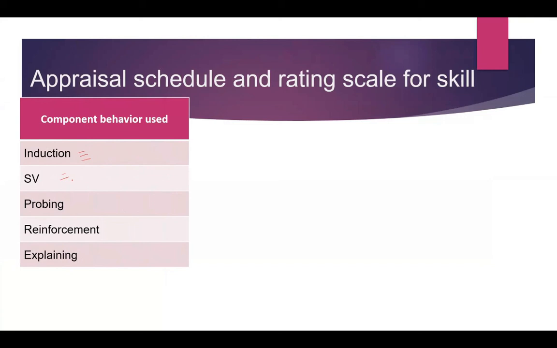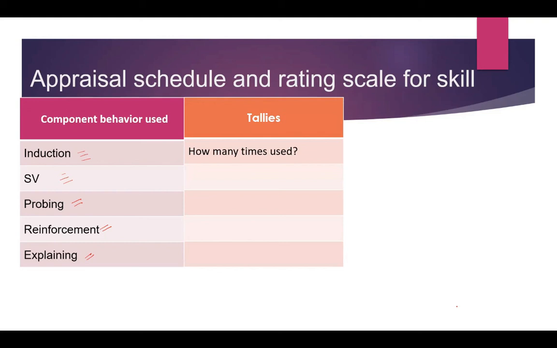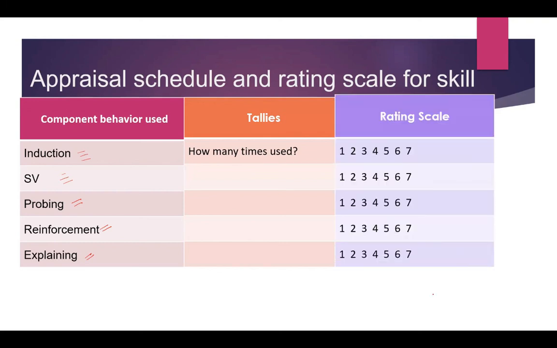There are components in stimulus variation, in probing questions, in reinforcement, similarly in explaining, closure and so on. After that, how many times that component has been used, and the rating. And lastly, we have to calculate the total number of tallies and the number of components. So this is all about teaching skills, and this is all about micro teaching.